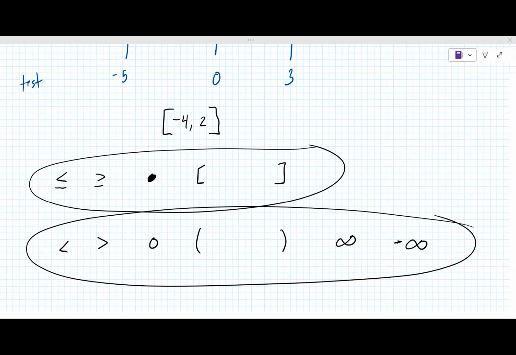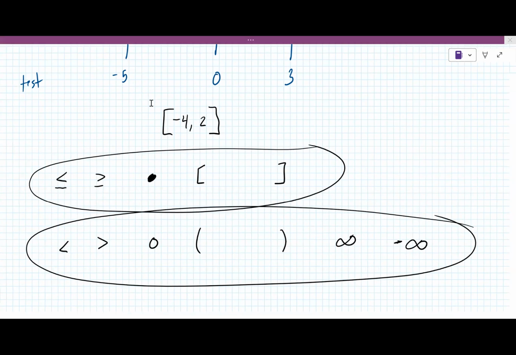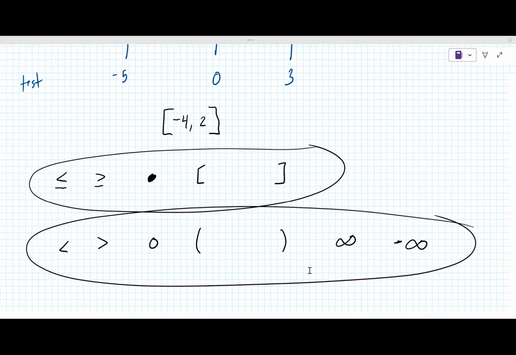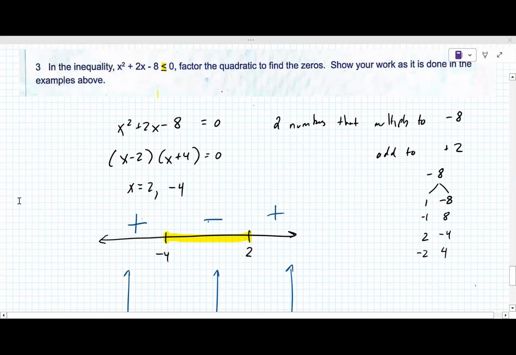Oh, I'm sorry. We did number 4. Let me try to figure out where to put that in the answer. So number 4 starts kind of right there, like after you factor it, everything below that is for number 4.